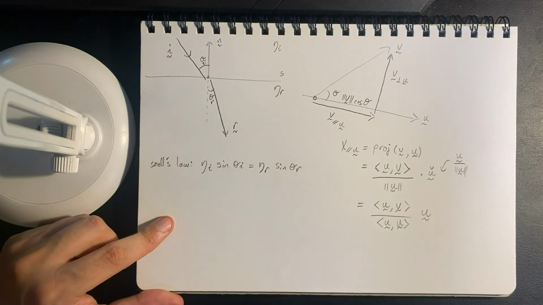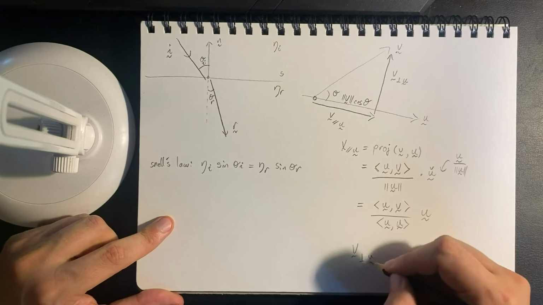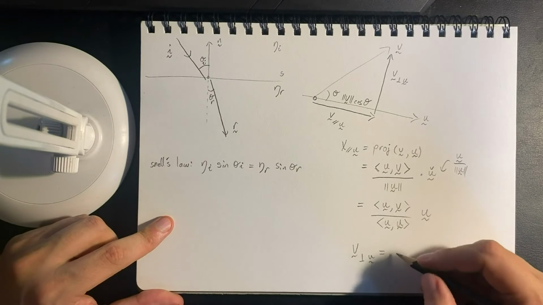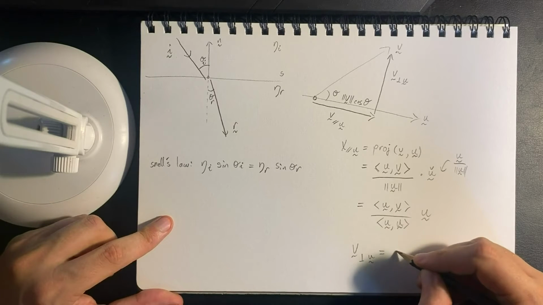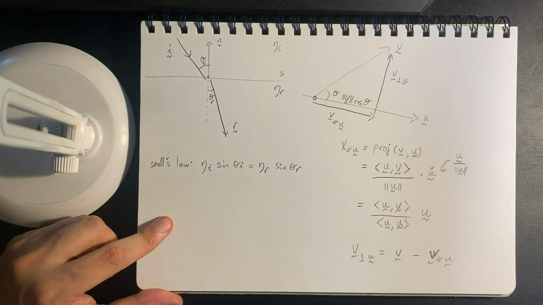So that is the formula for v parallel to u. Now, in order to get v perpendicular to u, we could go through some more complicated math, or we could simply use the fact that if I take the vector v and subtract from it everything that's parallel, what I'm left with has to be everything that's perpendicular.